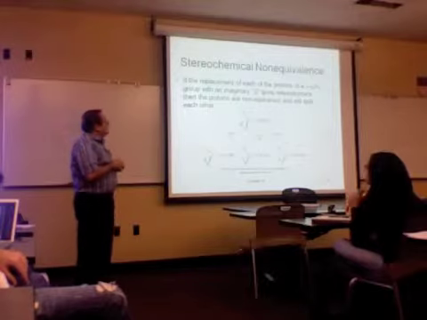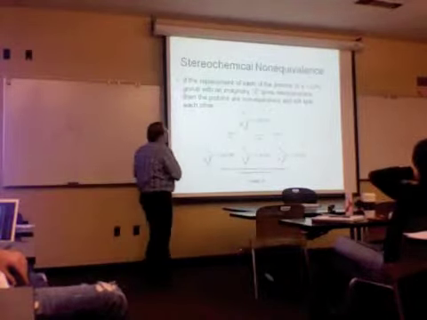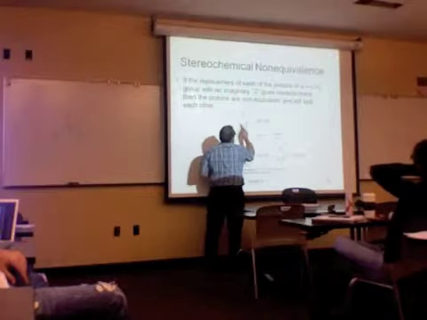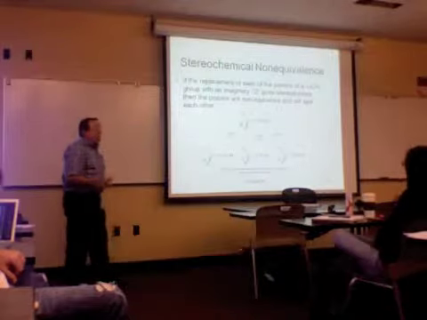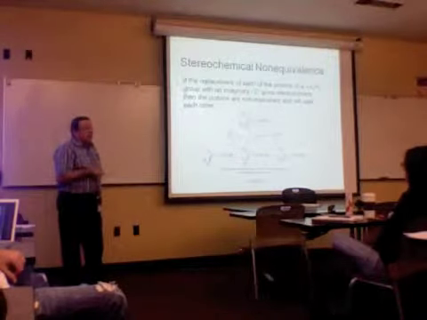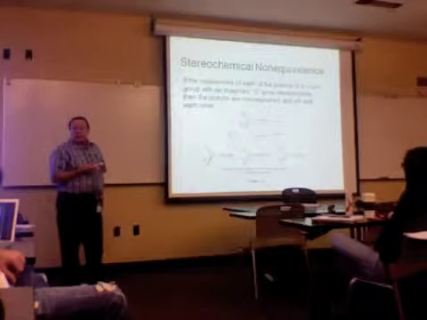What the textbook suggests, and this is a commonly used technique, is that if I look at a series of hydrogens attached to the same carbon, and I replace one of them and it makes the other stereochemically different, then they're going to split each other.